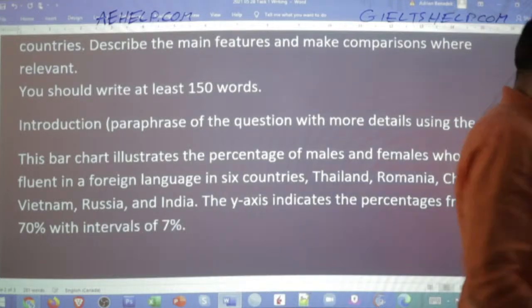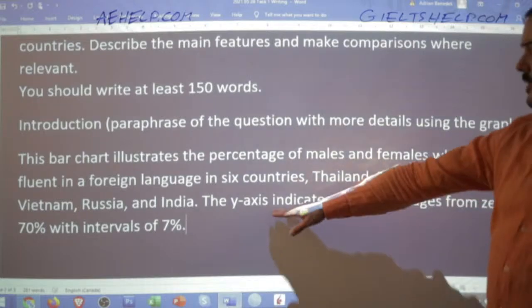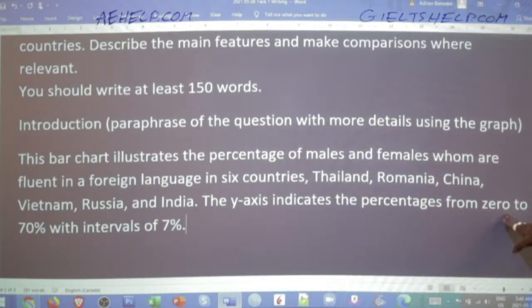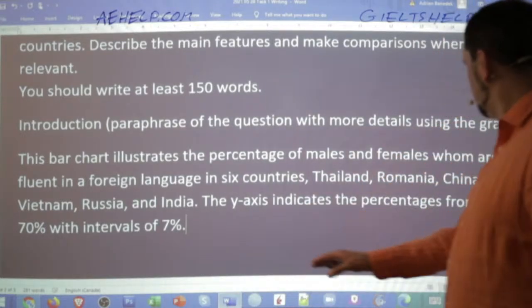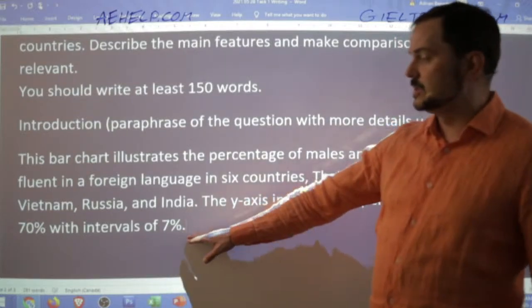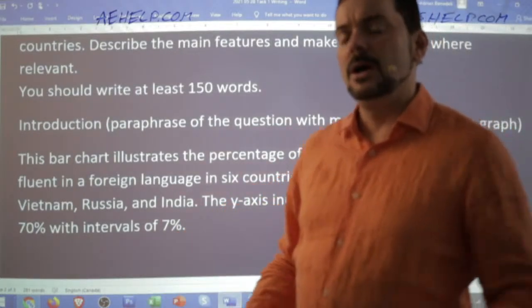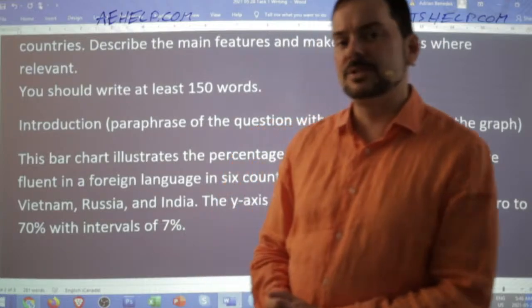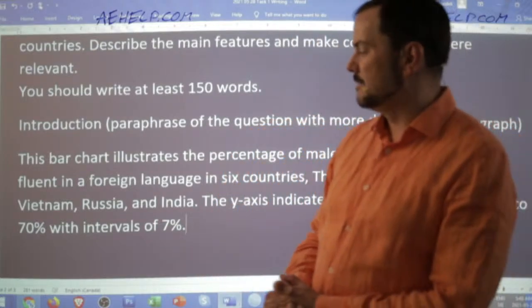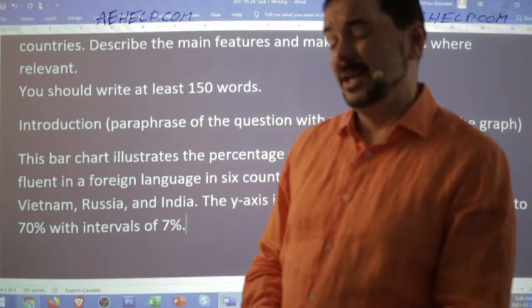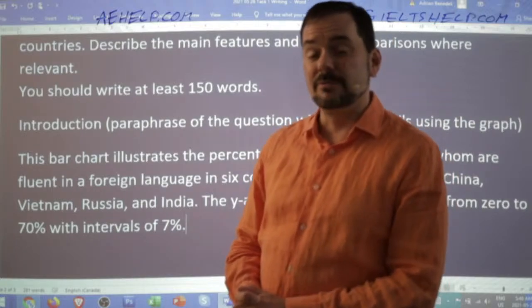The reason that I wrote this here, the y-axis indicates the percentage from 0 to 70% with intervals of 7%, is because that's kind of unique. Usually the percentages on the y-axis are from 0 to 100 with intervals of 10 or 5%.